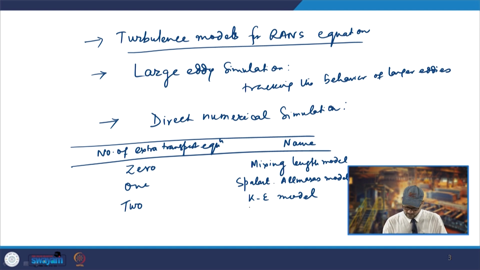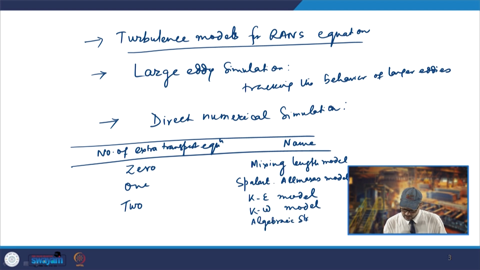Similarly, you have the K omega model. That is also one where you have two equations, one for K and another for omega. Similarly, you have the algebraic stress model.